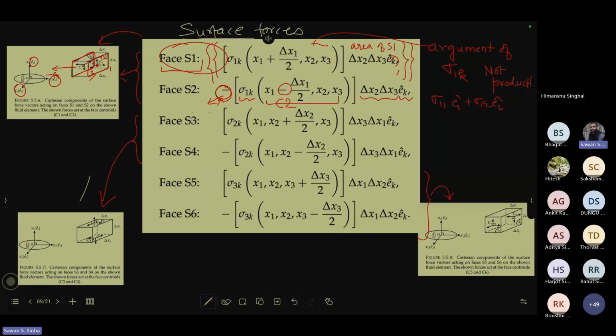So when you try to extract the relevant force components on a surface which has outward unit normal in a minus E1 direction, you use sigma 1k, but do put a minus sign.